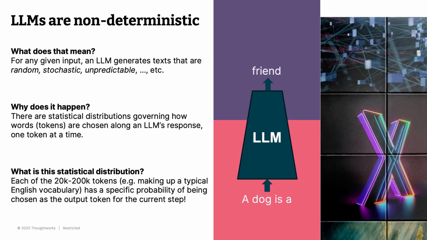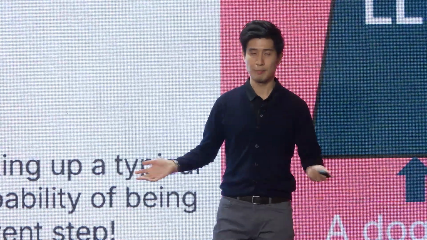So this is something that all of us know. AI outputs are really non-deterministic. And what does that really mean? For any given input, an LLM generates outputs, text, that are really probabilistic, stochastic, unpredictable.